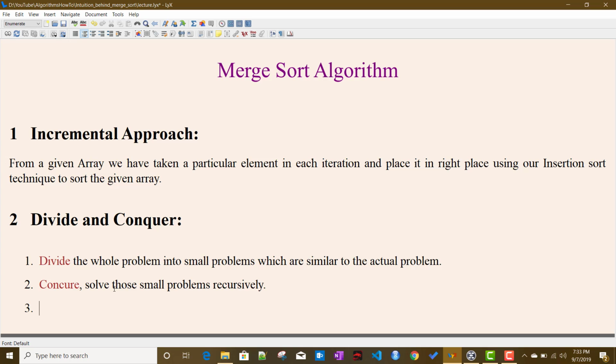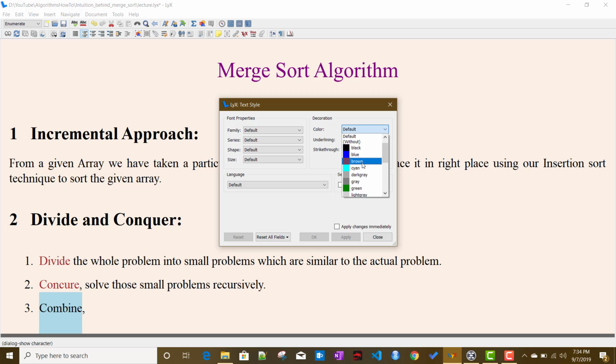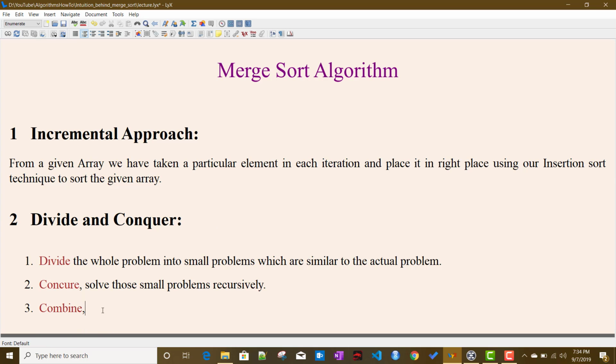Then the last step of this particular approach is the combine step. In the combine step, again I will color it out, we basically combine those small solutions, the solutions of the problems we solved in the conquer step, to get the final solution.